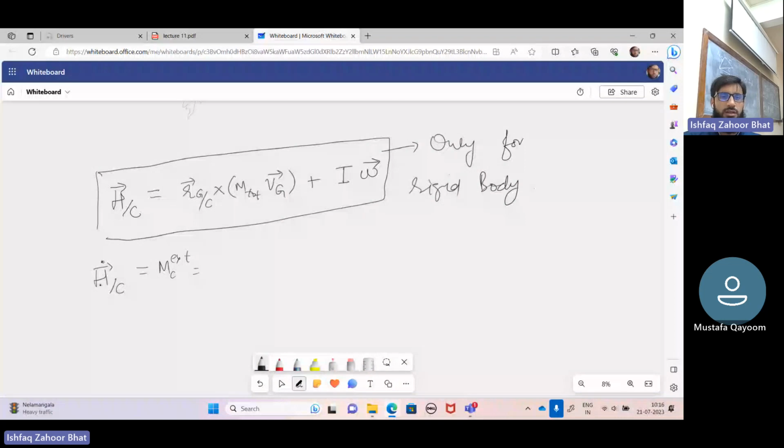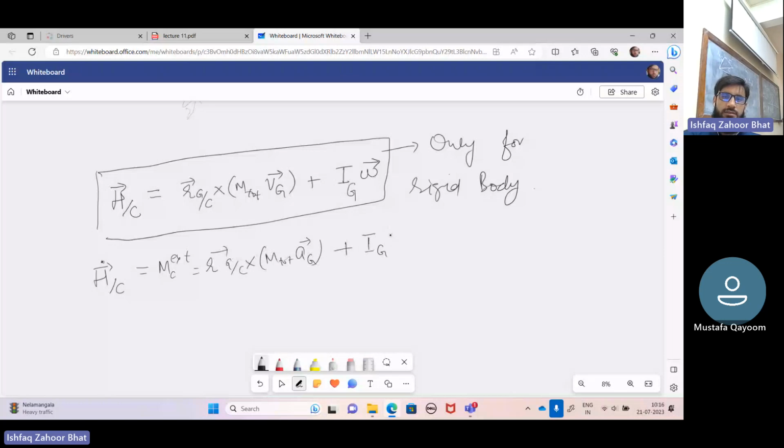That is why we take the derivative, so that we can equate something with that external moment. If we take the derivative of this, we will get rgc cross m total and acceleration of the center of mass plus I, and this is about center of mass, and don't forget this.